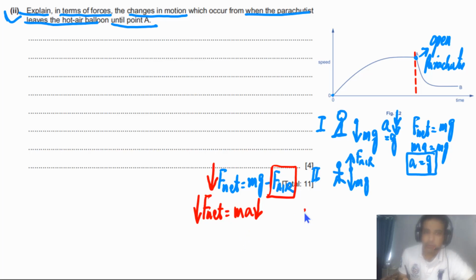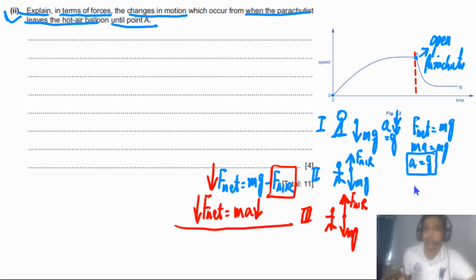So now we can go to the third stage. In the third stage, these two forces are equal, so I will be using red color. At this stage mg is balanced by F air, meaning these two forces are equal. So we can write down the third case here now.